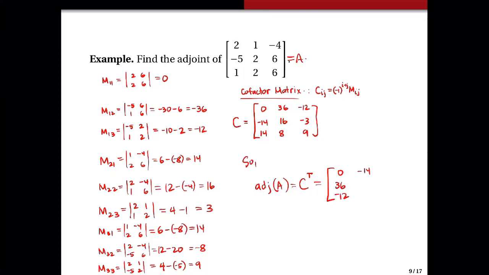You have negative 14, 16, and negative 3. And then we have 14, 8, 9. So this is the adjoint of this matrix A in here.